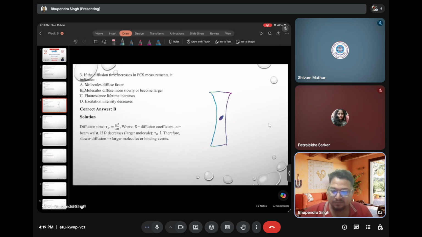So that should be the answer. And C, the fluorescence lifetime increases, is no way correct. Excitation intensity increases, no. The solution: tau d is equal to omega divided by 4D, where D is the diffusion coefficient and omega is the beam waist. If D decreases for larger molecules, tau d increases. Therefore, slower diffusion, larger molecule or binding event.